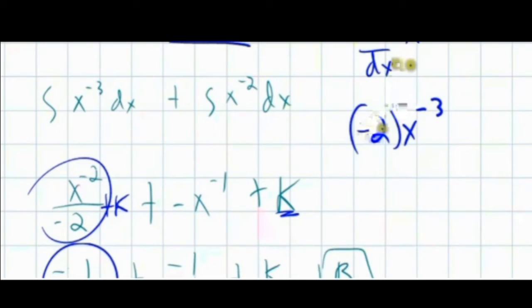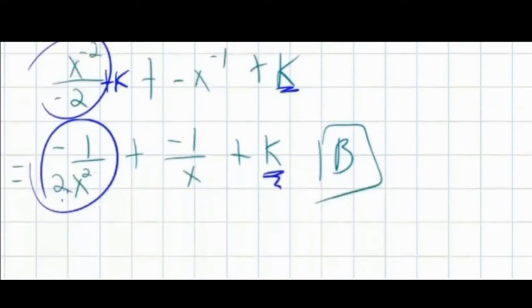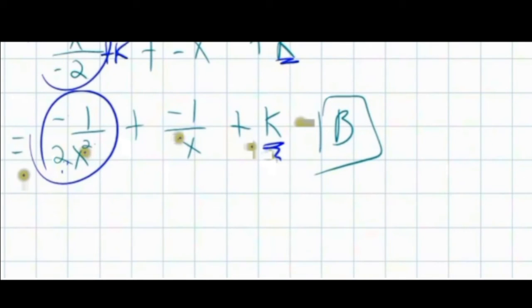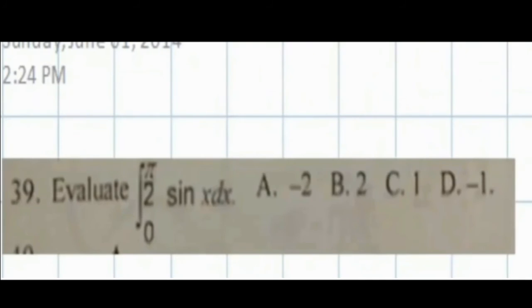Because this comes down, that's where this comes from, and then I subtract 1, which is almost where that started, but remember they don't have this negative 2 here, so that's why I have to put negative 2 on the bottom here, so they will cancel each other out. So yeah, you have to practice with your derivatives so you can think backwards like that and figure out what type of thing you would have started with to get here. But yeah, like I said, you arrive here, and so your answer is option B.